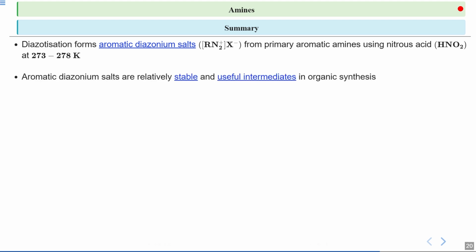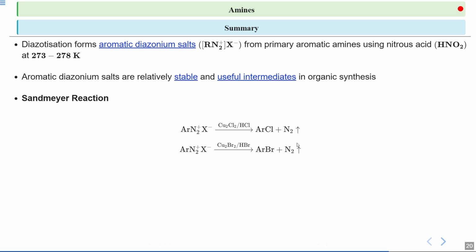Now the aromatic diazonium salts are quite stable compared to other diazonium compounds. This stability makes them very useful as intermediates in organic synthesis. Next, we talked about the Sandmeyer reaction. Here, when aromatic diazonium salts react with Cu2Cl2 in presence of HCl, it forms ArCl and N2 gas is released.